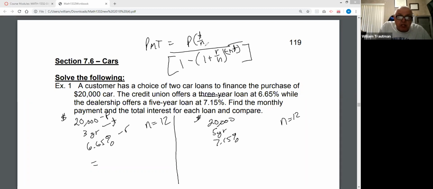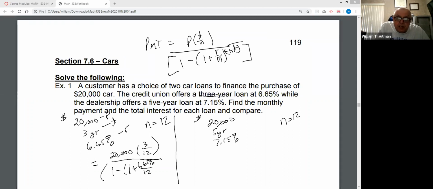Good luck with that. So on the top of the fraction, we have the principal, 20,000. And then we're going to multiply it times time, which is 3 years, over N, which is 12. That's the top. The bottom is 1 minus parentheses 1 plus R. The interest rate is 6.65%, divided by N, which is 12.